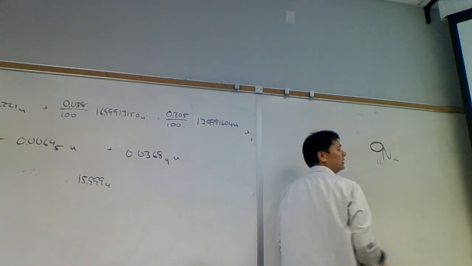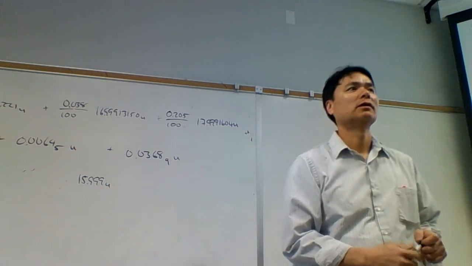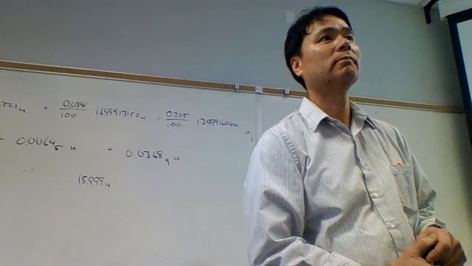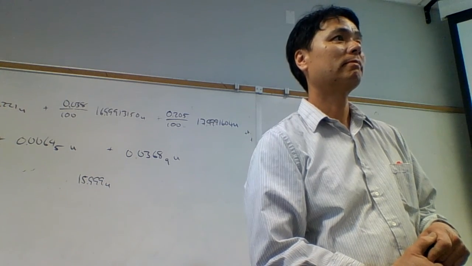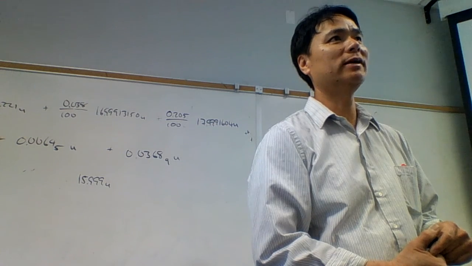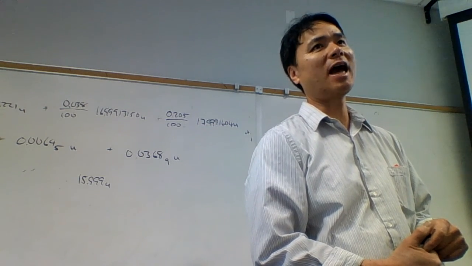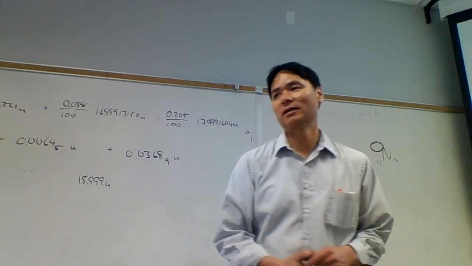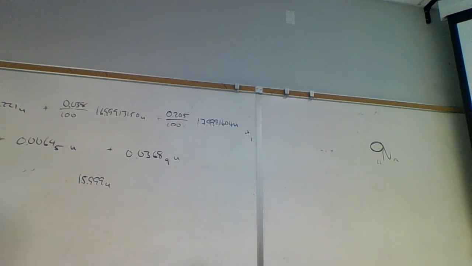What is the most abundant isotope of sodium? 23. The most abundant isotope of sodium has got to be sodium 23 because the average is 23, and so it's probably close to the average. It may not be right on 23, but it's got to be close to 23 for sodium. Let me see the data. I have the data.